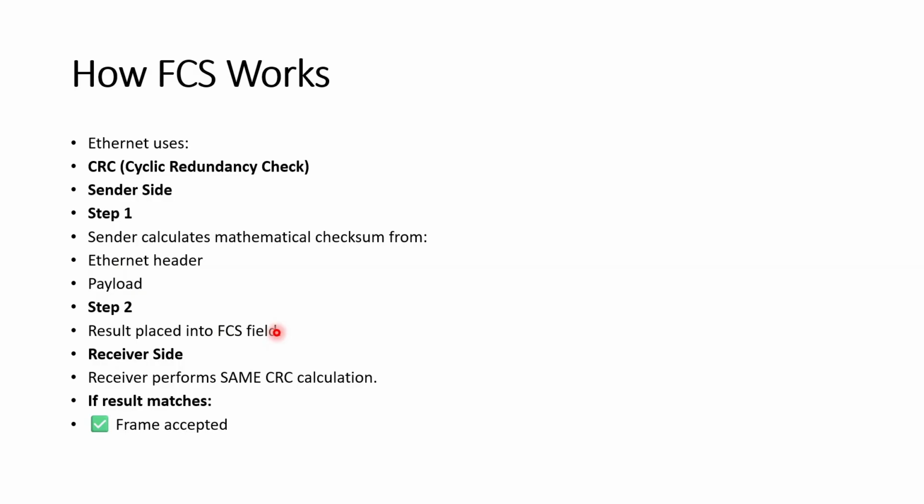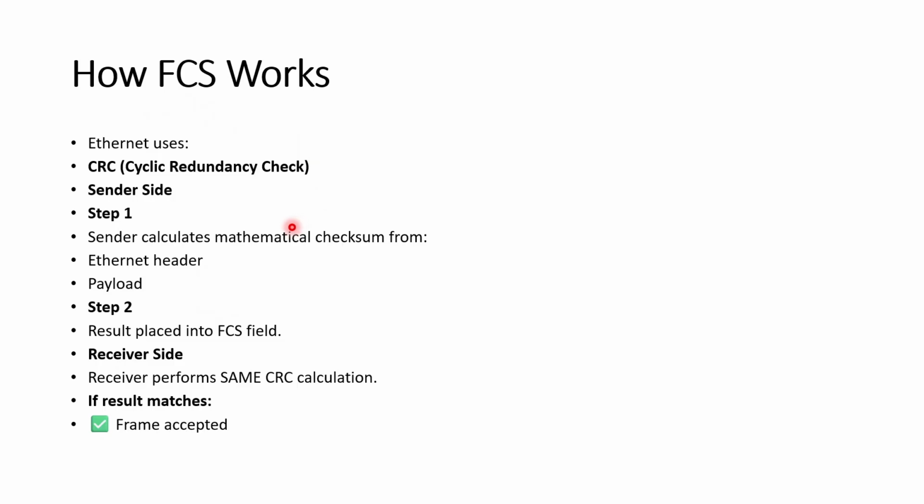Now, the receiver is going to use the same cyclic redundancy calculation that was used by the sender to calculate the checksum of the Ethernet frame, starting from the Ethernet header to the payload. Then the result is compared with what was placed in the frame check sequence field in the Ethernet header that the sender sent. Do you remember I said that the receiver uses the frame check sequence to see if that frame has any errors?